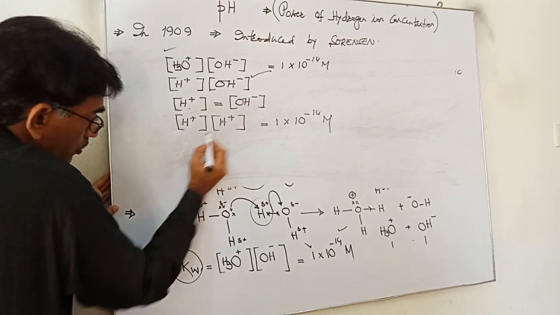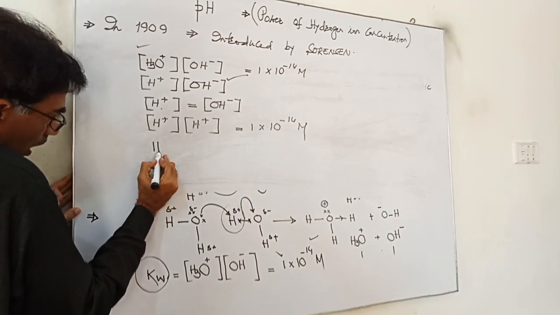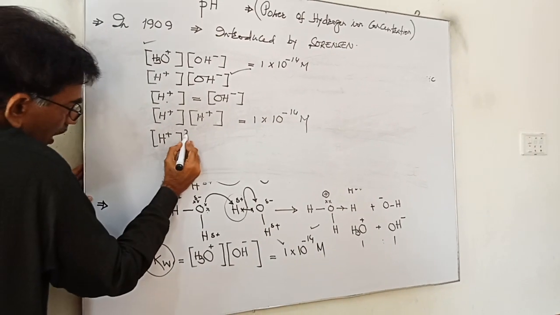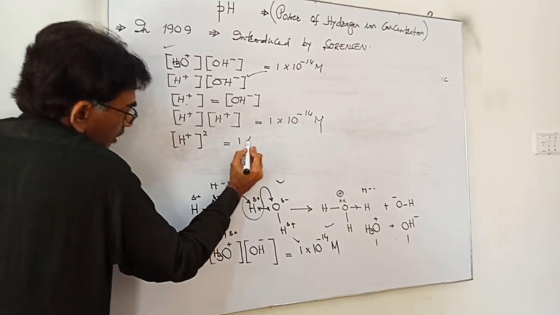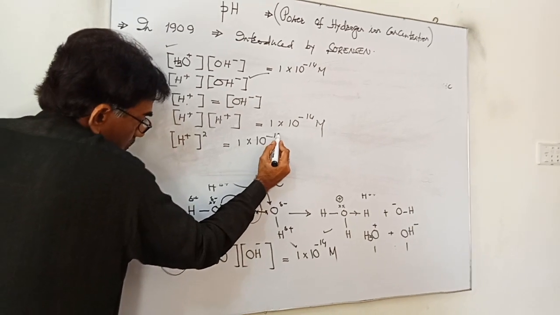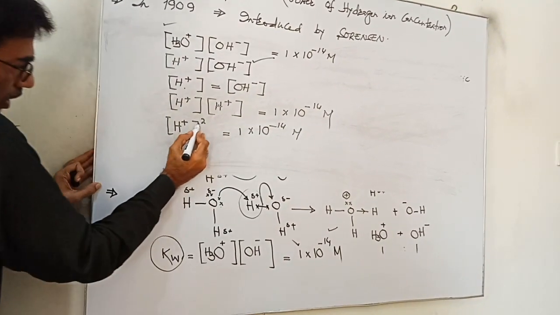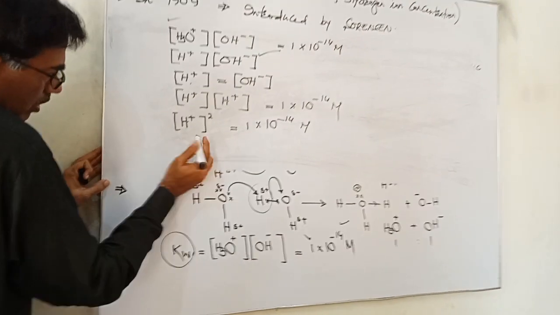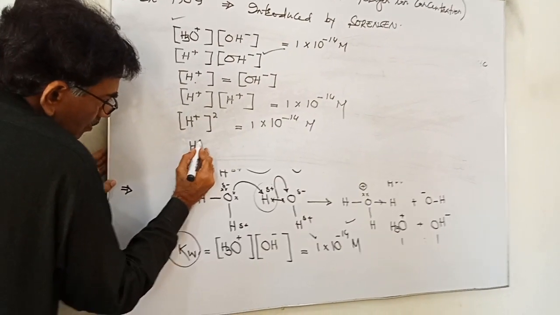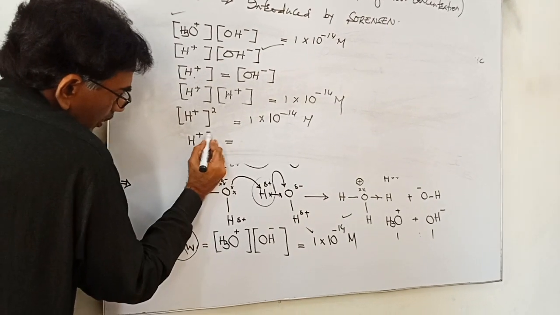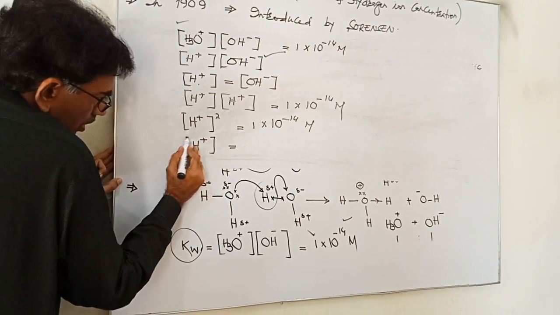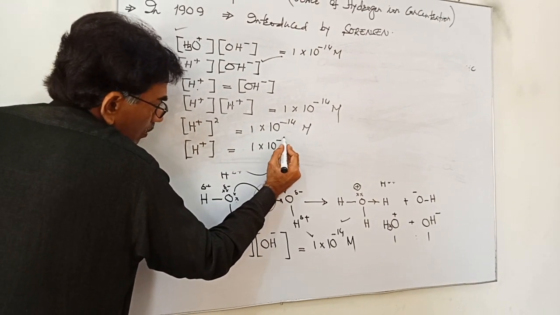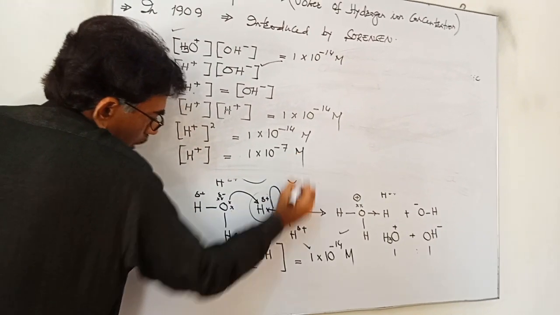Overall, the hydrogen ion concentration squared is 10 to the power minus 14 molar. And as you know, when we take the square root of this, the concentration of one hydrogen ion will be equal to 10 to the power minus 7 molar.